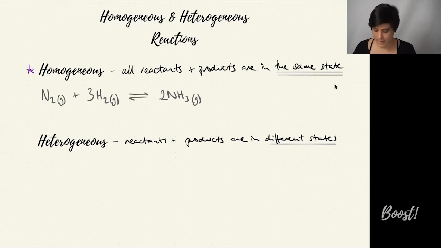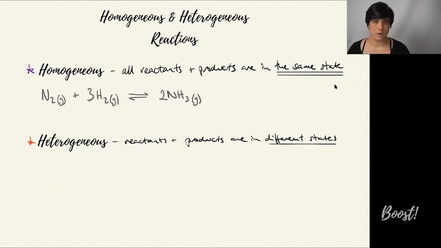As you can see, a heterogeneous reaction is a reaction in which there are species in the reaction that are in different states of matter. So I don't have an example written down here, but if we had, for example, a solid reacting with a solution, making another solution and solid, that would be a heterogeneous reaction.